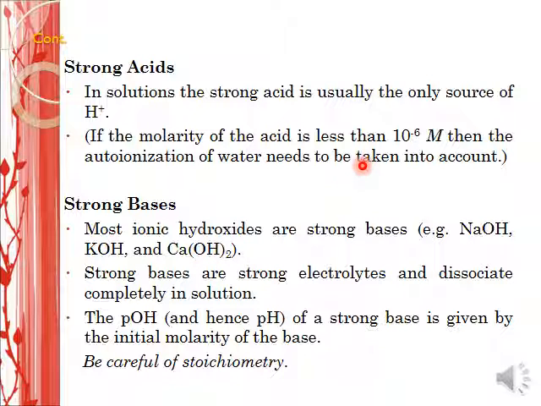Similar to strong acids, strong bases are also strong electrolytes, and they dissociate completely in solution. So to find the pOH, or pH, you have to use the initial molarity of the base, like what we have done previously. And again, stoichiometry means you have to make sure the reactant side and product side are balanced.